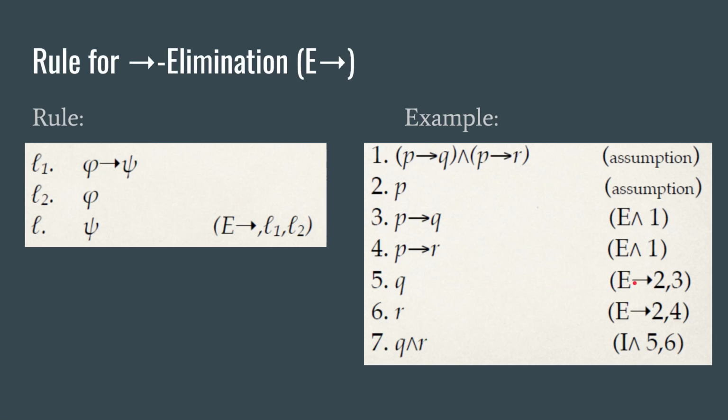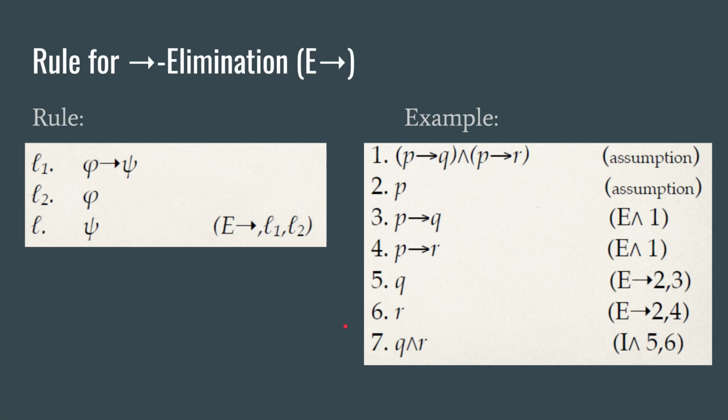Here we have an arrow elimination rule applied to lines 2 and 3. And then we can unlock R through our arrow elimination rule on lines 2 and 4. And we finish out this particular proof with combining Q and R on a new line with the conjunction introduction on lines 5 and 6.